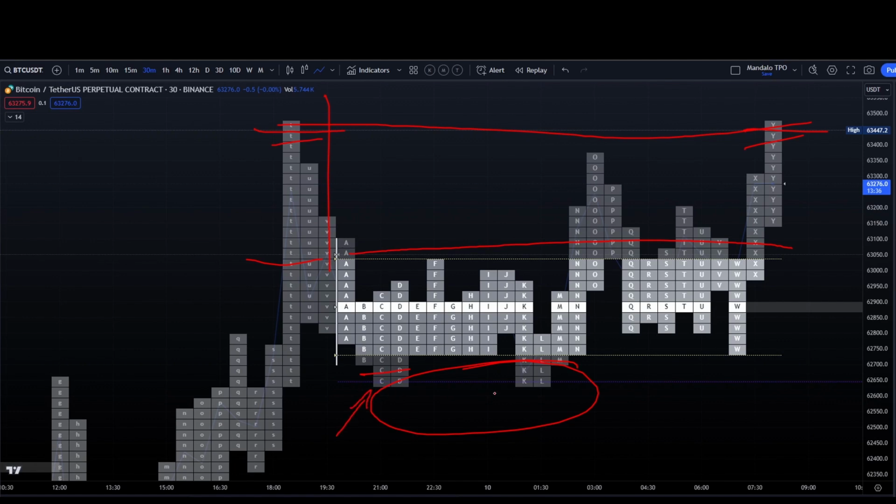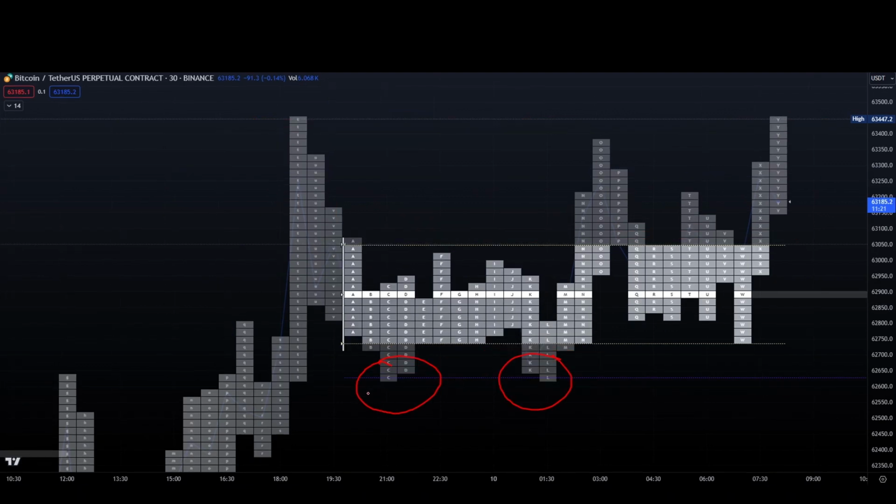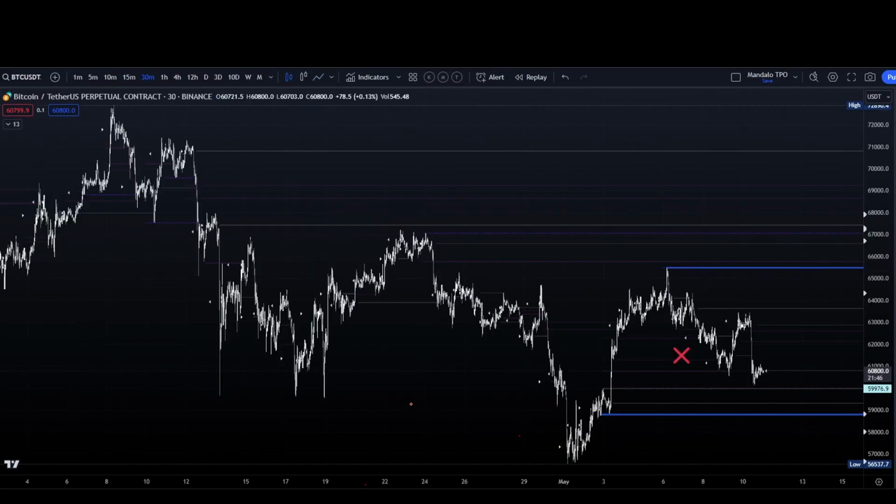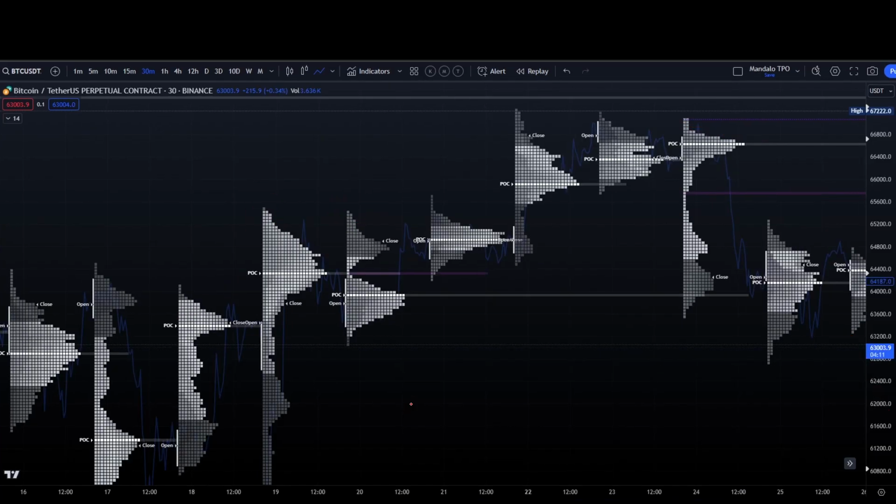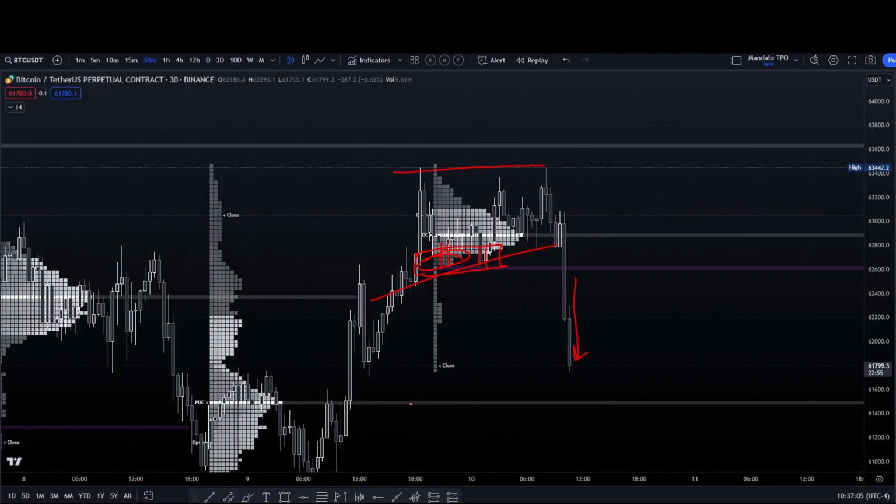So with larger tick size, you see that price traded within this area for 30-minute sessions, and this one only 2. But still it's poor. They're around the same level, and that level did end up breaking, as we saw in this chart right here.